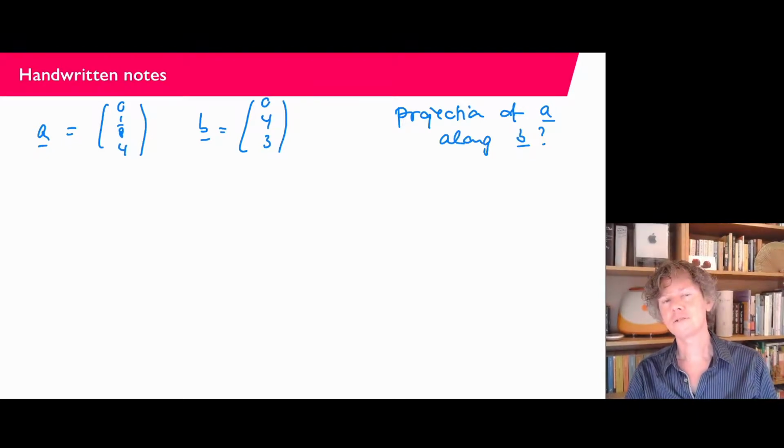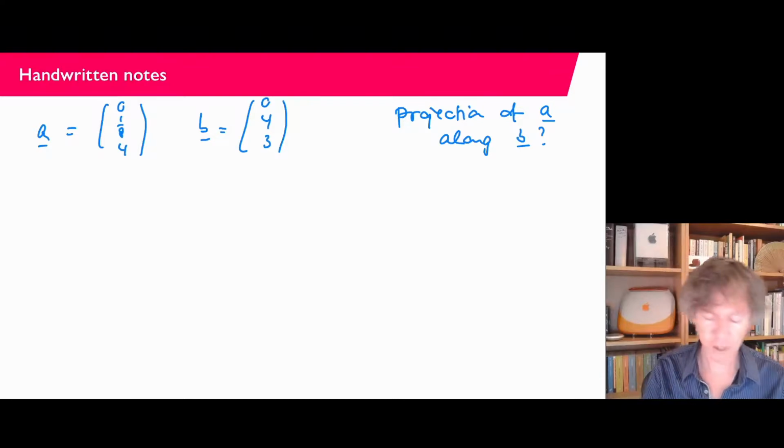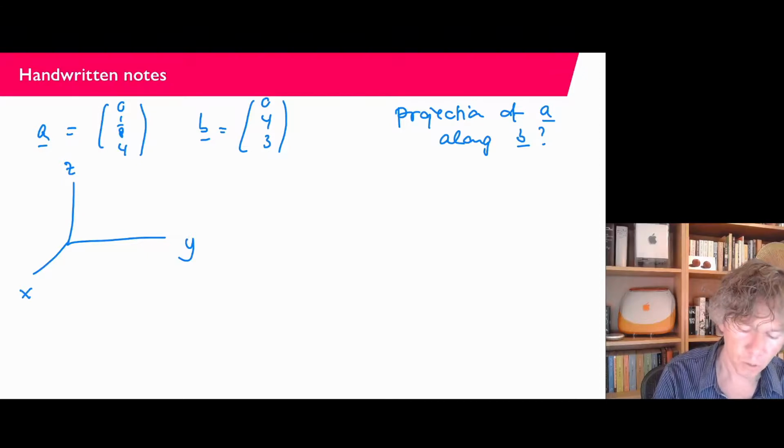So as you can imagine, this is quite hard to draw, right? Because we have two vectors. Well, we can still do it here because again, this is a special case, x equals 0. So if I do it like this, x-axis, y-axis, z-axis, then we have the vector a is 0, 1/8, 4. So that's something like this, a. So here along the y-axis, this is 1/8. Up here is 4.